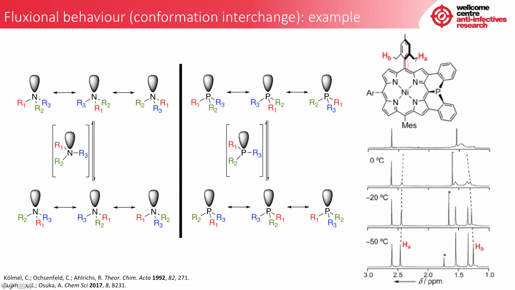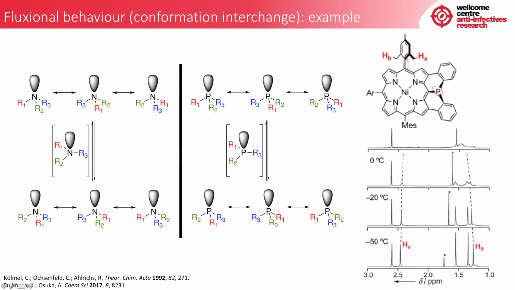The reason they're inequivalent is that we have this phosphorus popping up out of the plane. So this is all one plane, however the two planes are inequivalent because of this phosphorus. However, the interconversion actually happens here, is the phosphorus interconverting between being above the plane and below the plane.